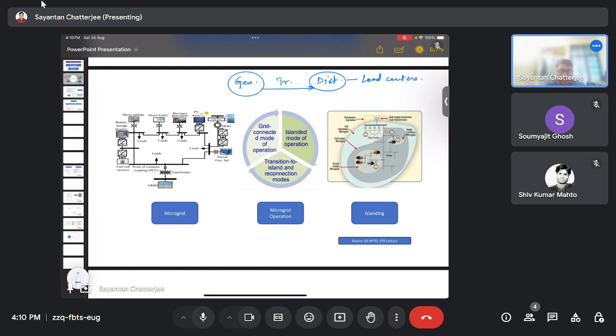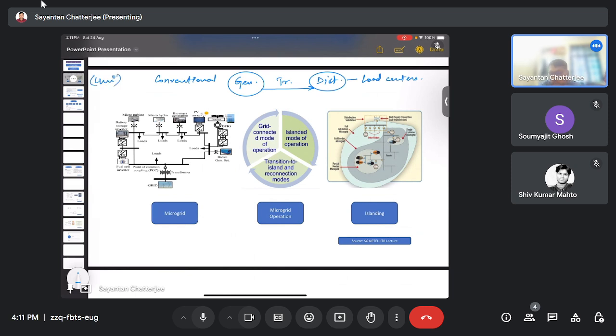This is the conventional mode of power generation, transmission and distribution, and it was unidirectional.